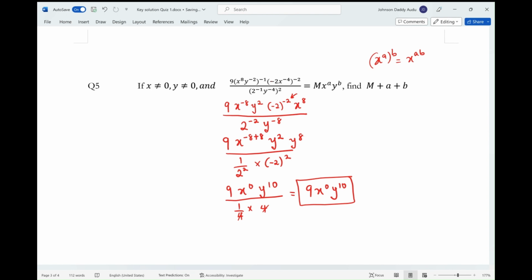Now, you need to compare this and what we have here. If you compare these two, you can see that m is nothing but 9. A is 0. B is 10. So m plus A plus B is nothing but 9 plus 0 plus 10, which is 19.